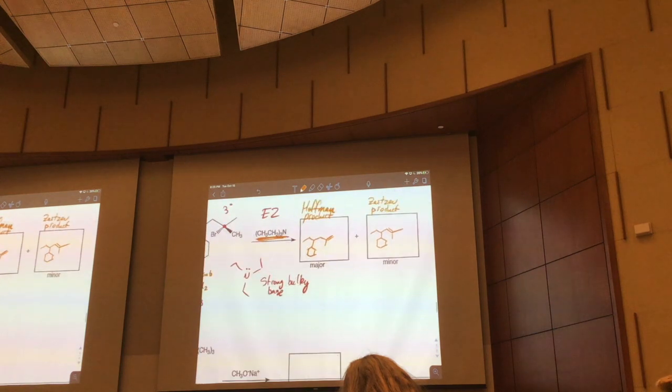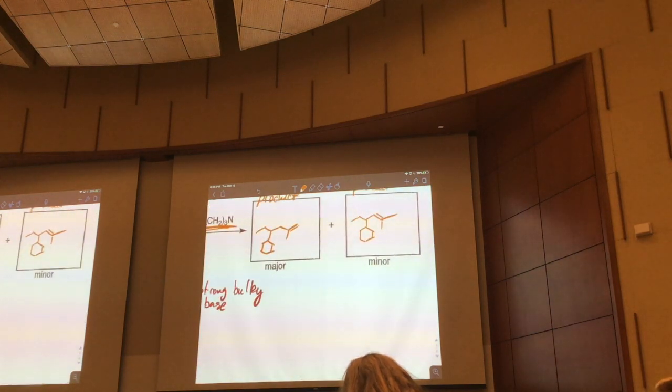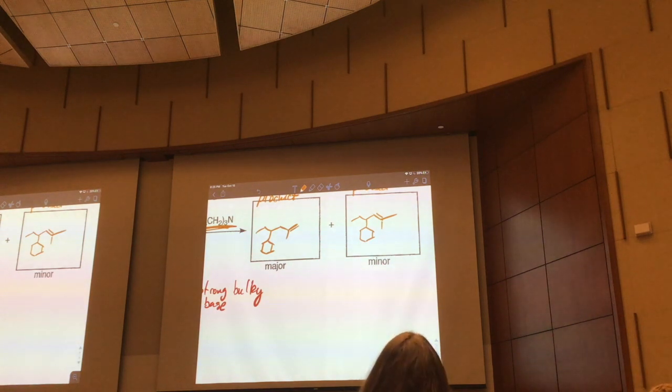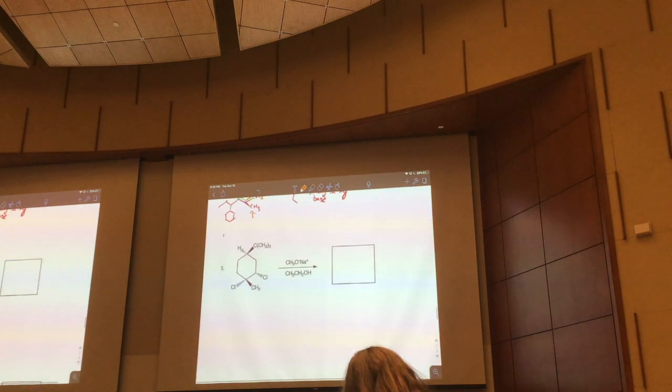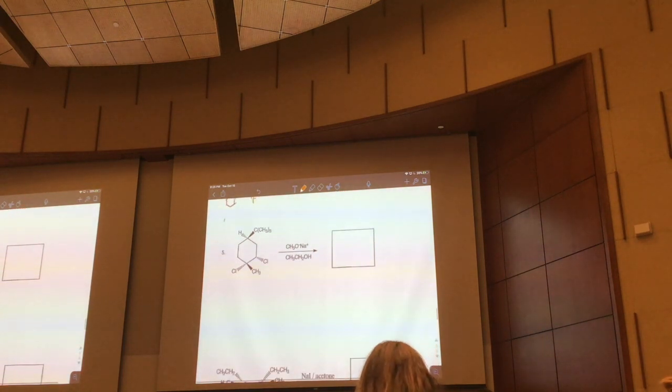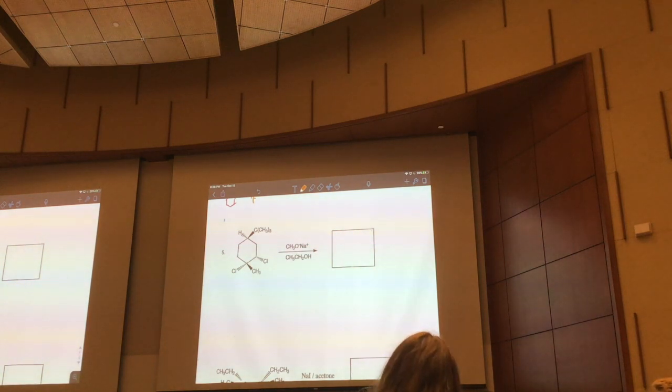Any questions about that? Why I didn't pick the most stable alkene? Or does that make sense to everybody? Okay, good. Let's keep rolling. All right. Remember what we did last time with our whole chair conformation business? We're back, so we're going to need to do that again. So remember with chair conformations, do we want bulky groups at the axial or equatorial positions?